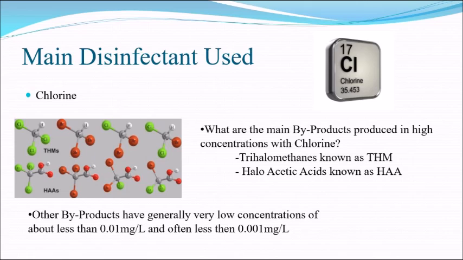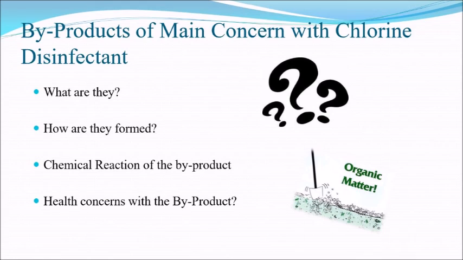There are many more byproducts which are produced, however, due to their generally low concentrations of about less than 0.01 milligrams per litre and often less than 0.001 milligrams per litre. The main byproducts will be addressed in more detail in regards to what they are, the chemistry behind it, the effects it has on the water, in addition to important health effects associated with these particular byproducts.